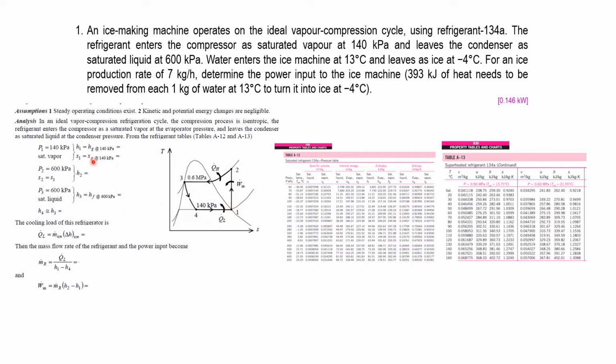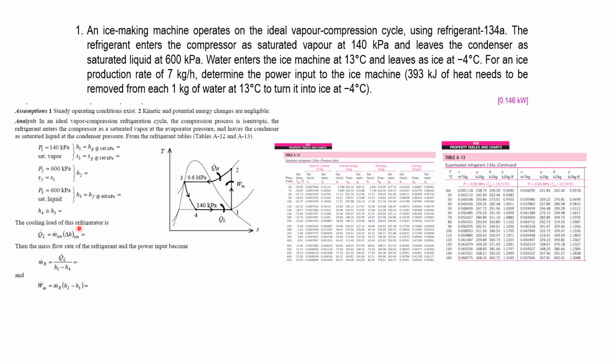Once you've got that, then you move to the cooling load of this refrigerator. We want to know what the cooling load is, meaning how much heat is absorbed. Earlier in the question they mentioned that you remove 393 kilojoules of heat when you cool down 1 kilogram of water from 13 degrees C to -4.